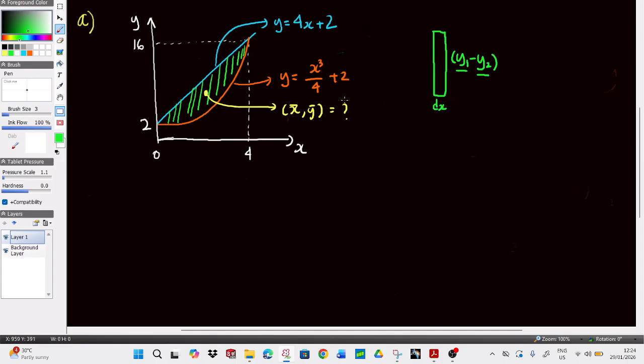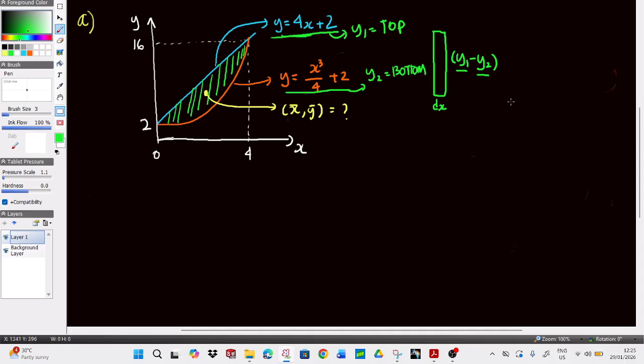Your y1 is this equation, because it is on the top, the dominant curve. Usually we take the one on top as y1, and this one here is your y2, the bottom.